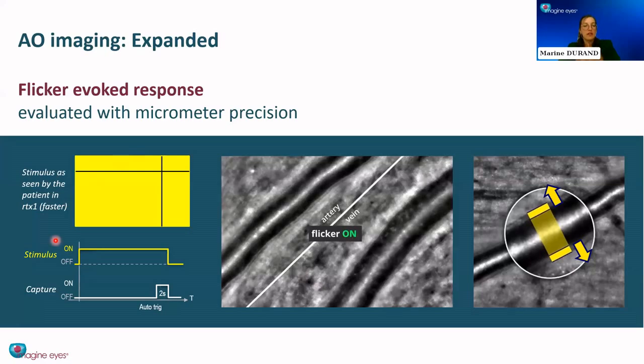So the RTX1 can now deliver flicker to the eye that is being imaged, and the capture of the AO image is automatically triggered at the end of the stimulation. And then it's possible to measure the size of lumen or wall-to-lumen ratio between images without stimulation or with stimulation.